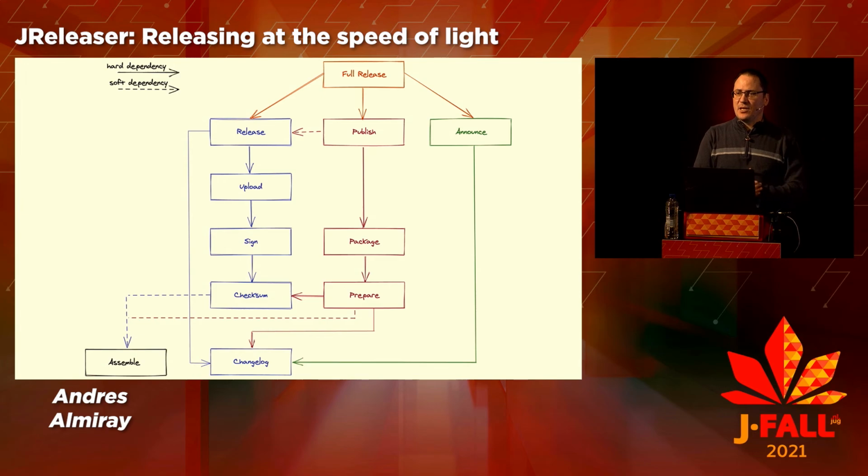In JReleaser, we figured out that if you want to do that, then you use the orange command, the one that you see on the top, that's full release. That does everything for you. Create the Git release, create the package managers, and announce the project. But if you already have a release process, and you only need to change a few things, say you want to keep the current way that you create a Git release, keep it.